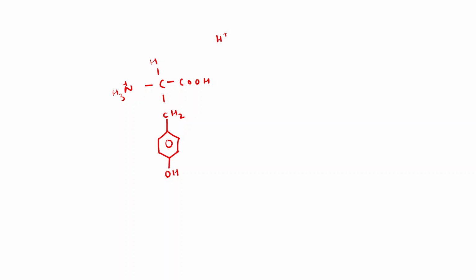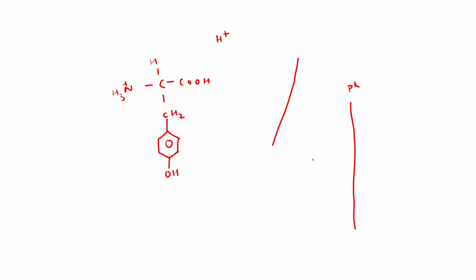So if H plus is in excess, every group will be protonated. Imagine the pK value to be a line.